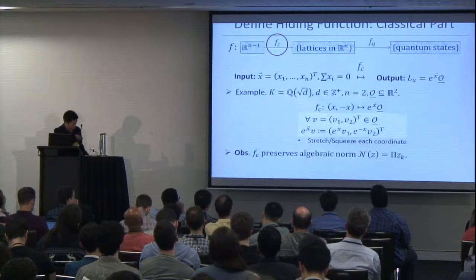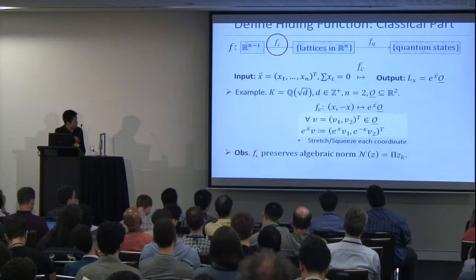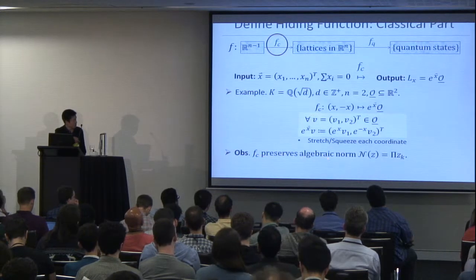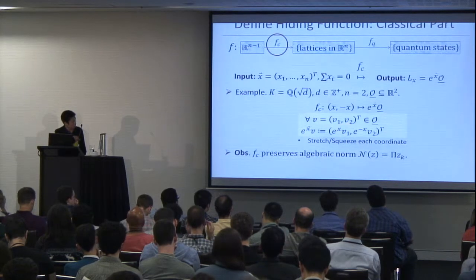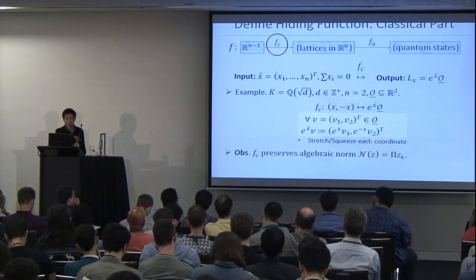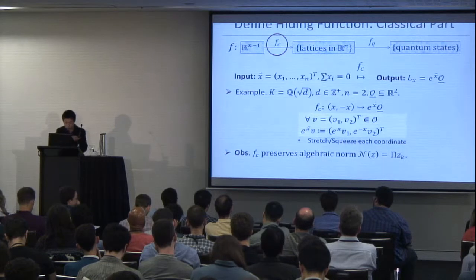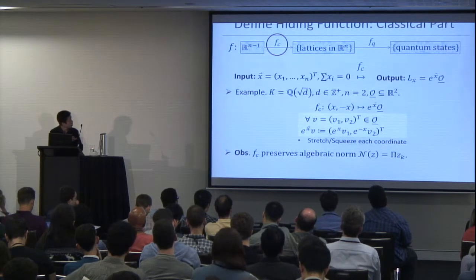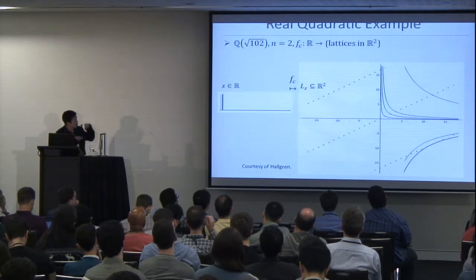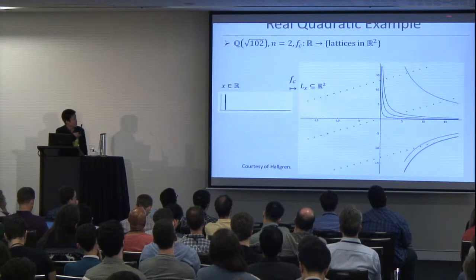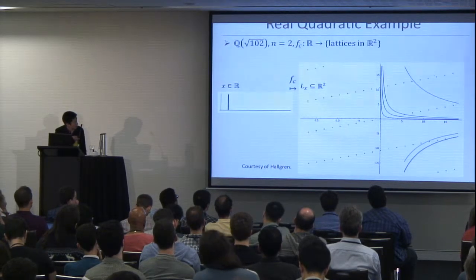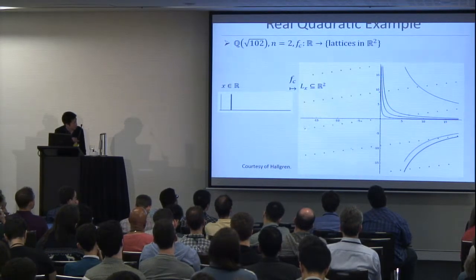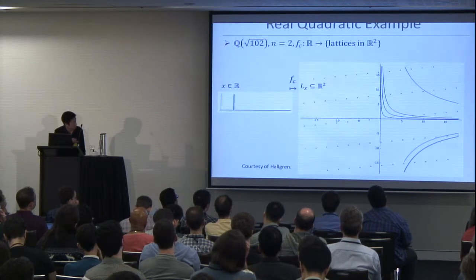We can also observe that the mapping f sub c preserves the algebraic norm, as the product of the coordinates remains the same. Here's the animation for the real quadratic example. As we can see, the lattice points all move along these norm lines.